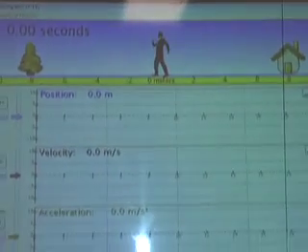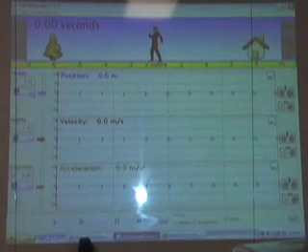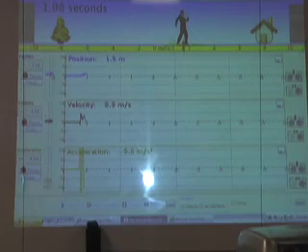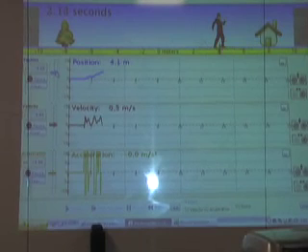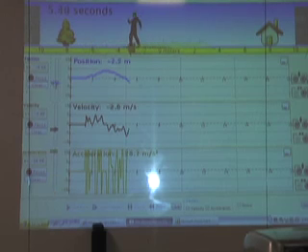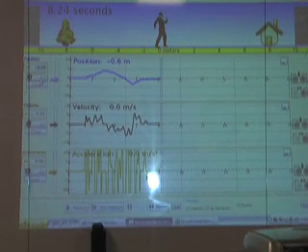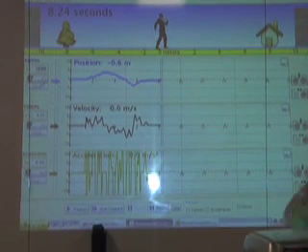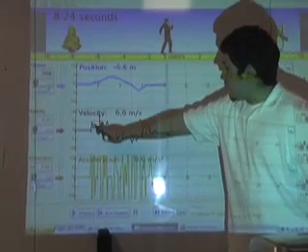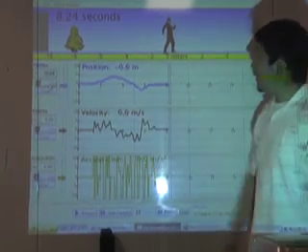Here I have a simulation where I'm going to basically represent the same thing I've been going over. So you see, as you begin to move, from right here it went to the right and started increasing in position, and then also the velocity slowly started to increase, and the acceleration was going wild.